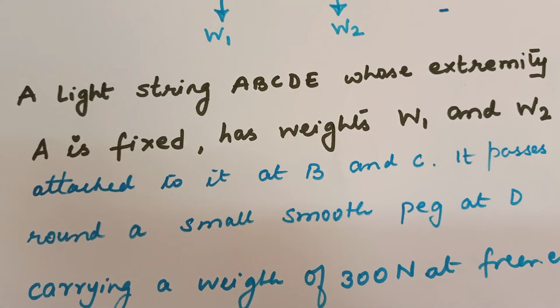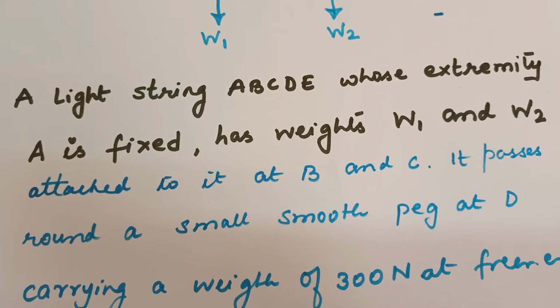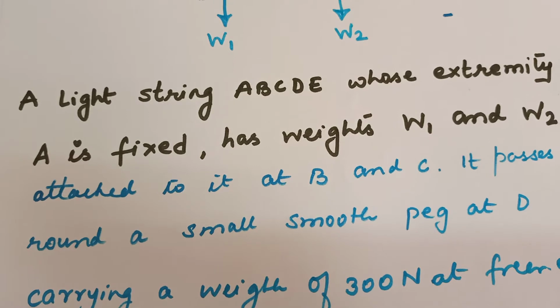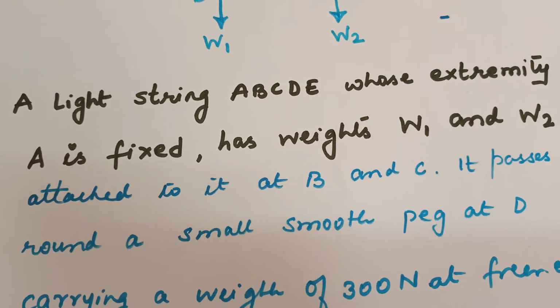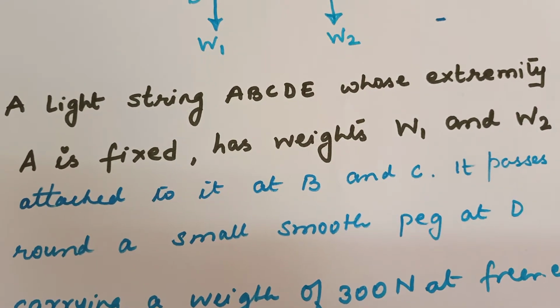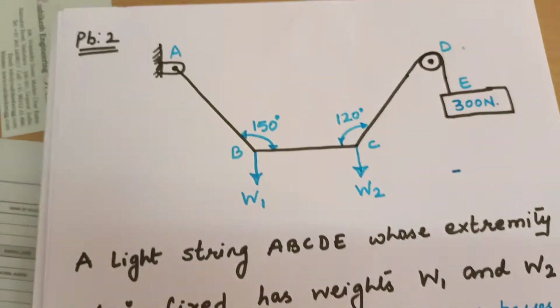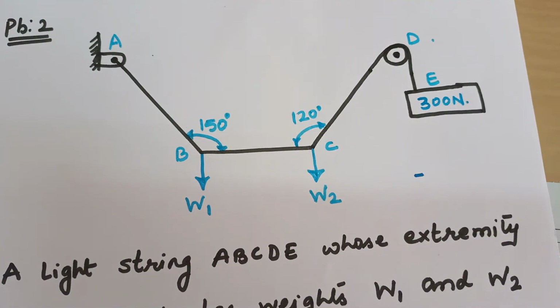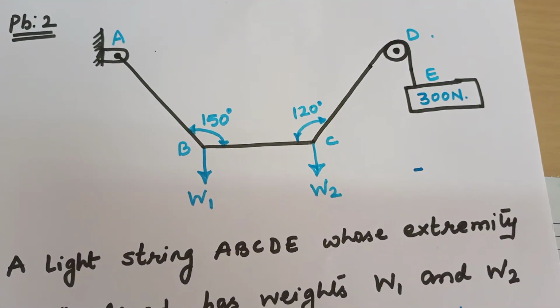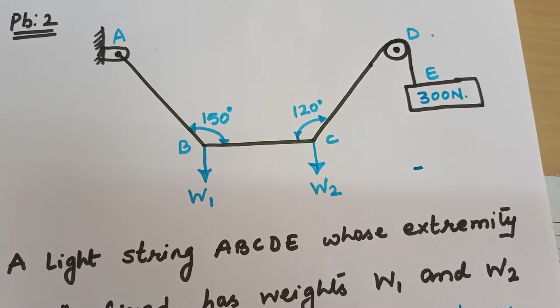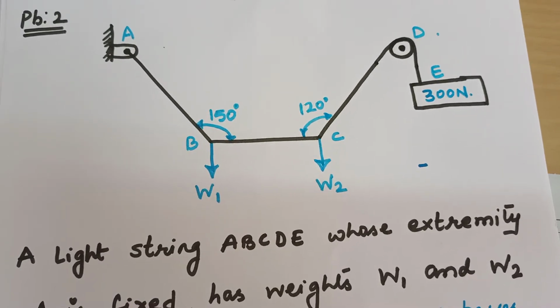A string ABCDE whose extremity A is fixed has weights W1 and W2 attached to it at B and C. So we can see that this is a string ABCDE, and B and C have weights W1 and W2.